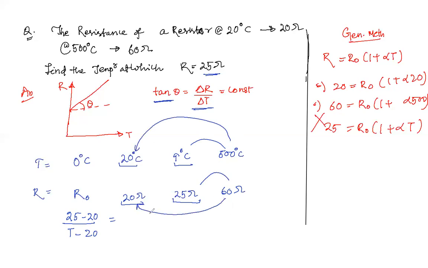Because the slope remains constant, it becomes 60 minus 20 divided by 500 minus 20. See how it becomes a single-line problem now.